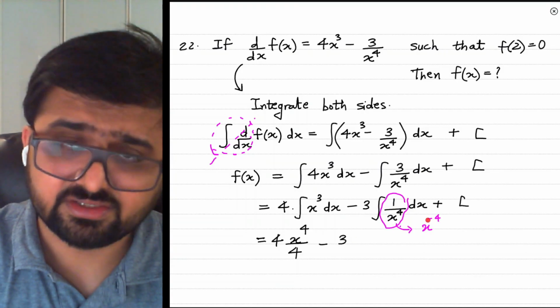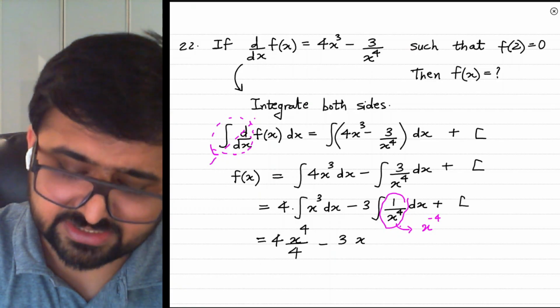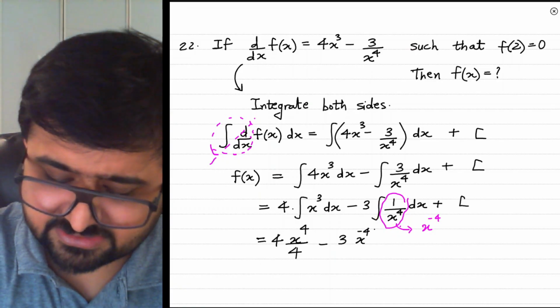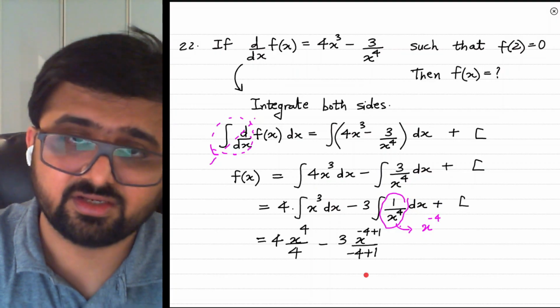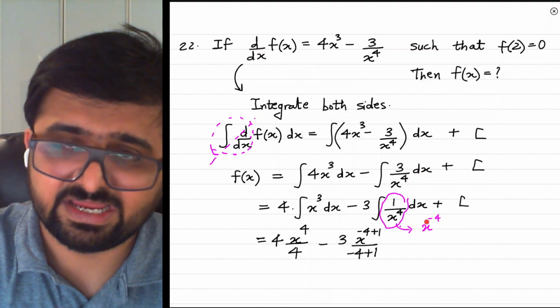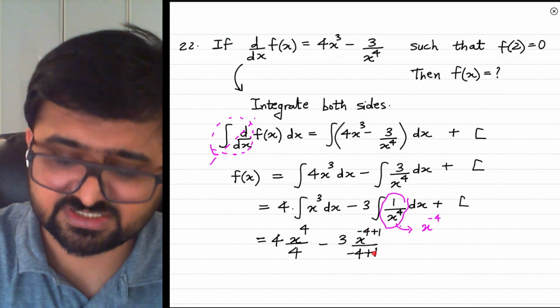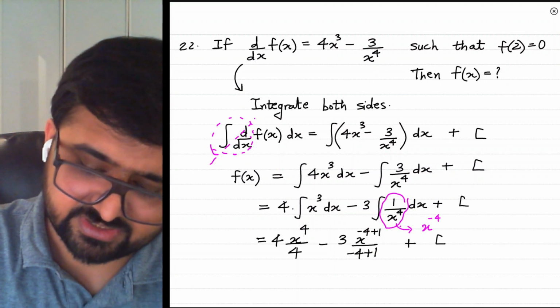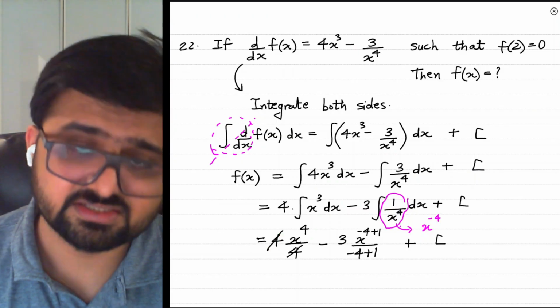Now for that x to the power minus 4, the integral is x to the power minus 4 plus 1 over minus 4 plus 1, because that's just like x to the power n. So minus 4 plus 1 over minus 4 plus 1 plus that constant of integration c. Now that 4 and 4 will get cancelled.